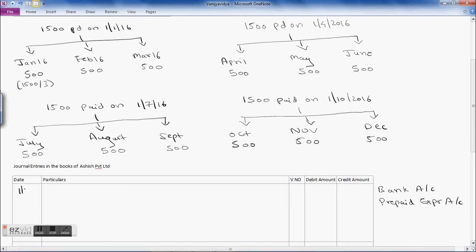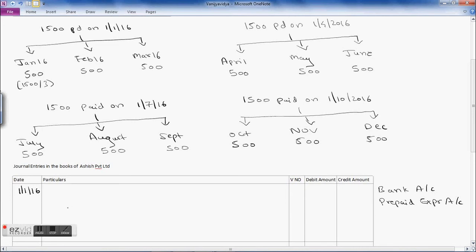Okay, so 1st Jan 2016. Now bank account is a personal account, so debit the receiver, credit the giver. Here bank is giving the amount of 1500, so we'll credit the bank.